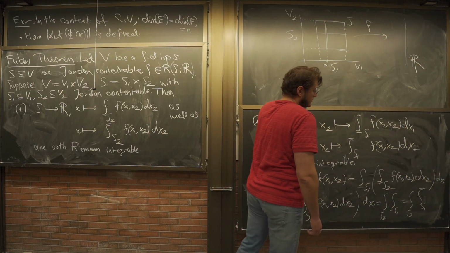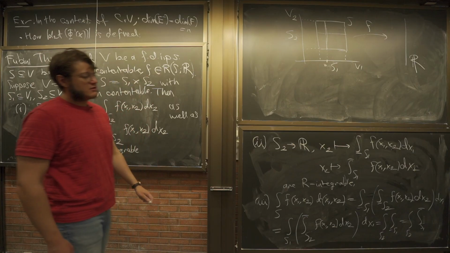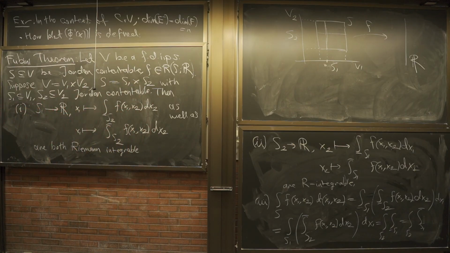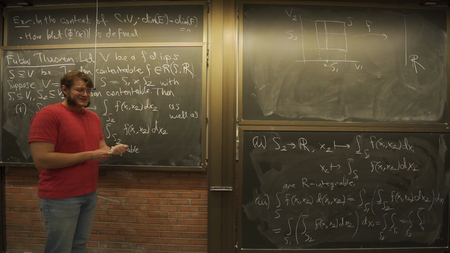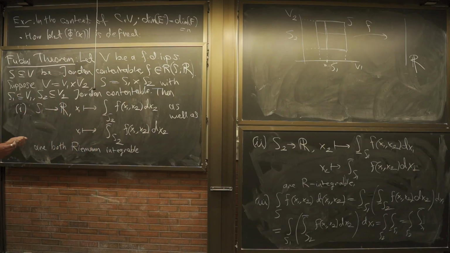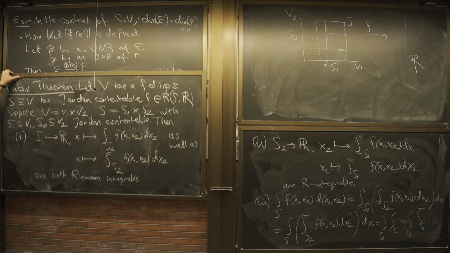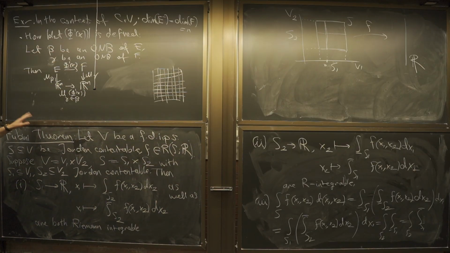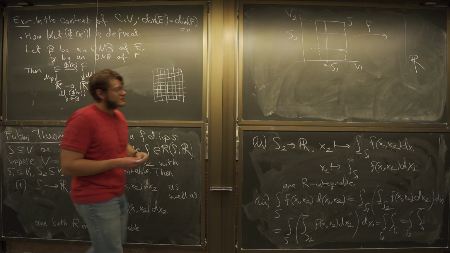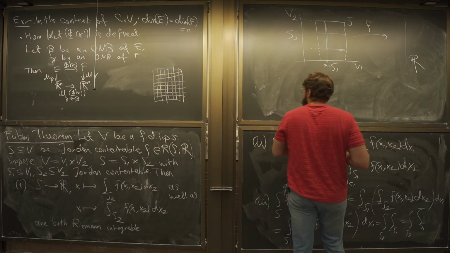This could happen. It could happen that you have a function that depends on two things, that is integrable, but is not integrable as a function of one variable. Riemann integrability is not a very nice property to deal with. I'm going to leave it to you as an exercise. That's a very nice exercise, actually, to come up with an example.